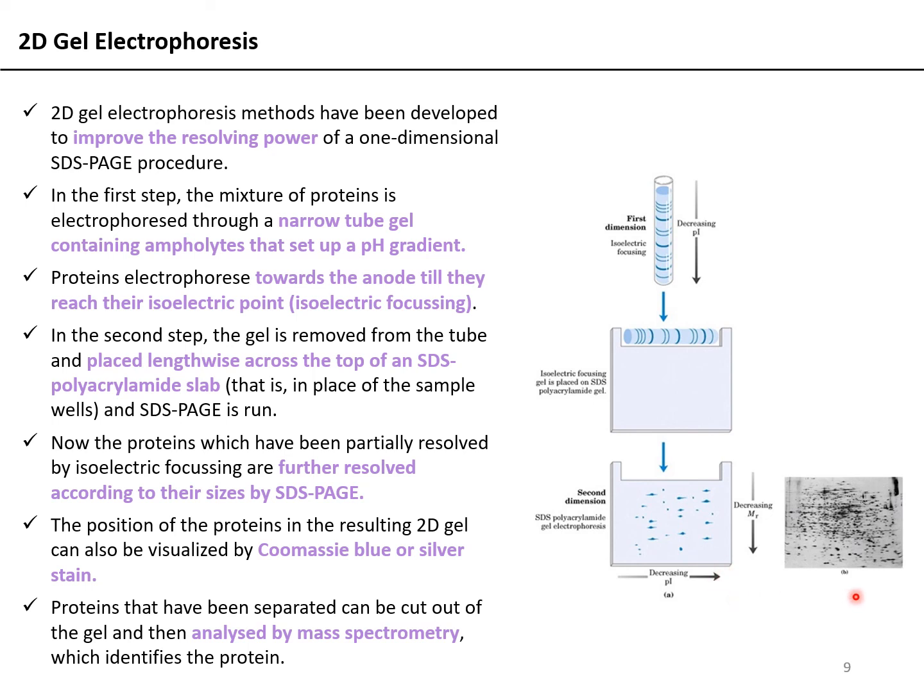For instance, say two points lie on the same line, here this point and here this point. They have the same molecular weight, but because they have different pI values, they were in different parts of the first gel, which allowed them to be separated following the running of the second gel. Had you run simply an SDS-PAGE, then these two proteins would come at the same point. They would be merged and you couldn't distinguish between the two.